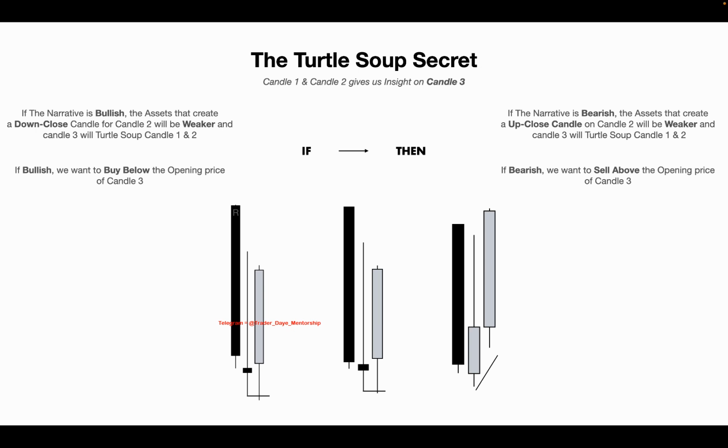And for some context, the narrative behind this chart, which you can't really see the whole chart, but the selected candles inside of the chart, the narrative was bullish, and the PSP that made the down close candle, both of them, candle number 3 turtle soup the PSP, but the asset that made the up close candle during the bullish narrative made the failure swing. So keep that in mind. Make sure you write that down because that is one of those hidden gems.